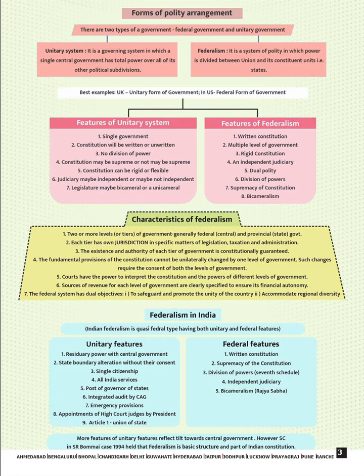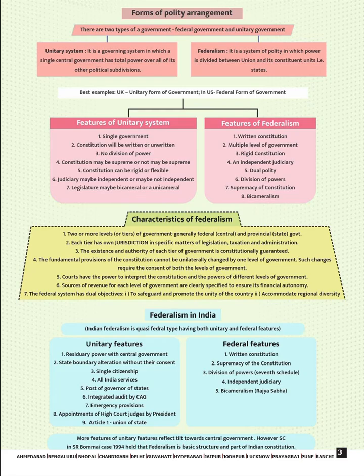Characteristics of federalism: 1. Two or more levels or tiers of government, generally federal, central, and provincial or state government. Second, each tier has its own jurisdiction in specific matters of legislation, taxation and administration.